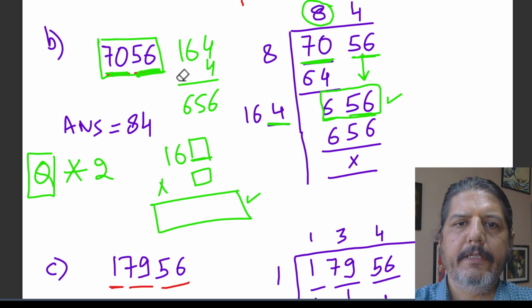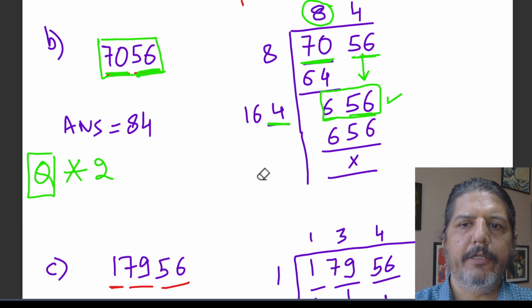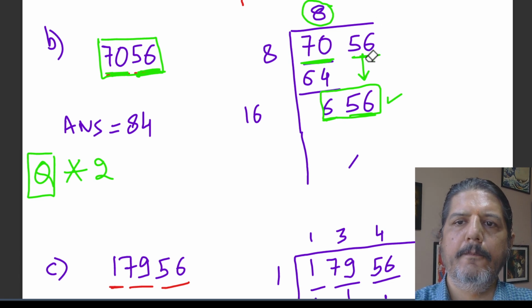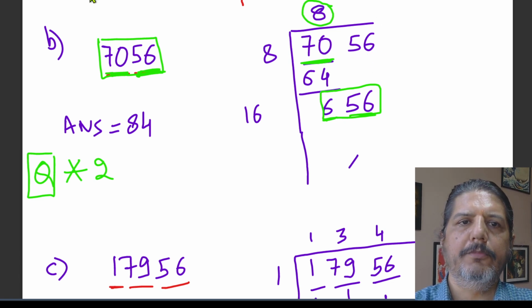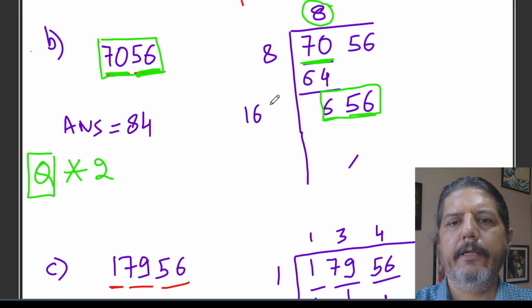Let me take another example to show what happens if I would have taken some other number. Let me erase this, and just to make things clearer, let me do something like this. Let me say that I had taken 7.